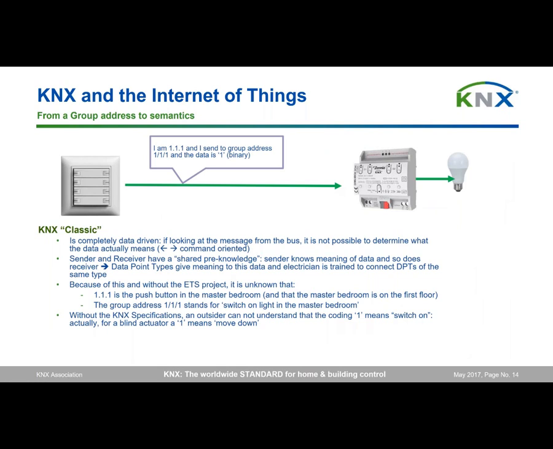Of course, this was an introduction to show you that KNX already can be a perfect element in the Internet of Things. But in the second part, I want to show you that KNX is an integrated part of the Internet of Things, but its integration could still be improved.